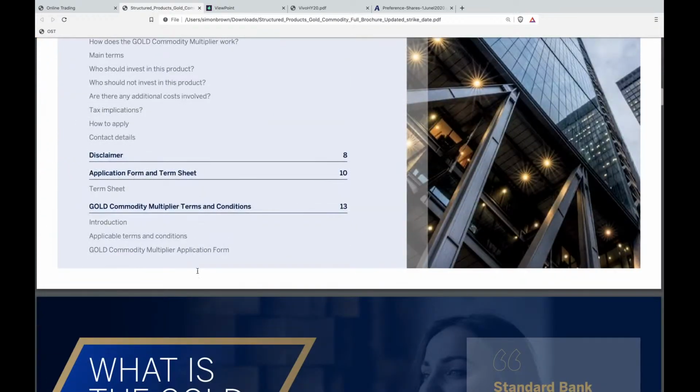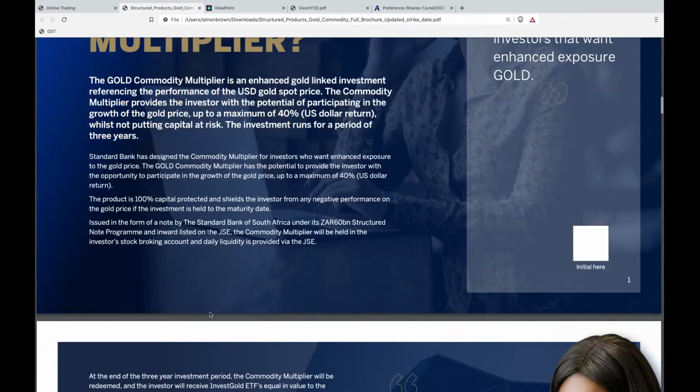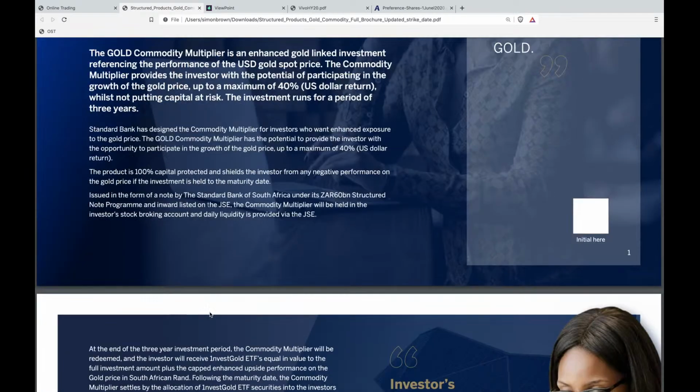Boring page there. We can skip down to what does matter. So in essence, it's an enhanced gold-linked investment referencing the performance of USD gold spot price. That USD gold spot price is important because that implies dollars. Commodity investor potential participating in the growth up to a maximum of 40% in US dollar return.